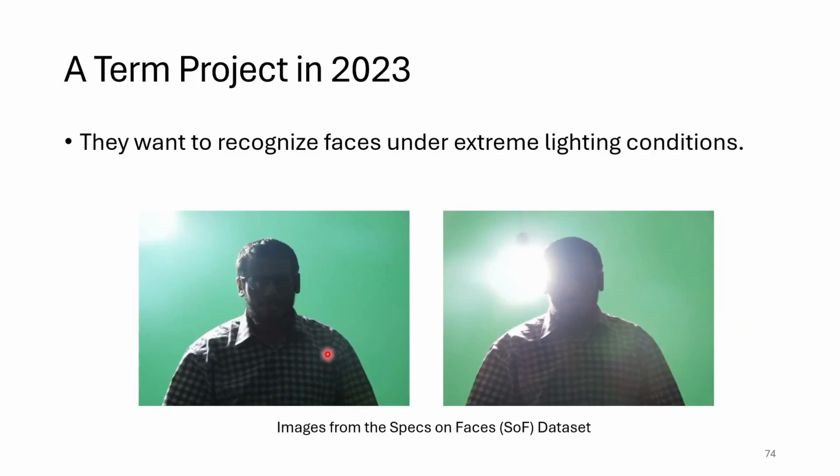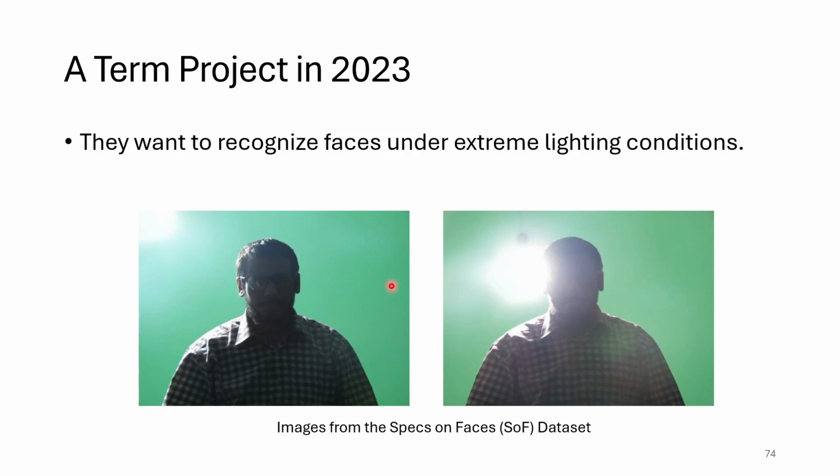Okay, so let's talk about another story. Last year, one of the teams in our computer vision class wanted to develop an algorithm to recognize human faces under extreme lighting conditions, like this one. So are they the same person?